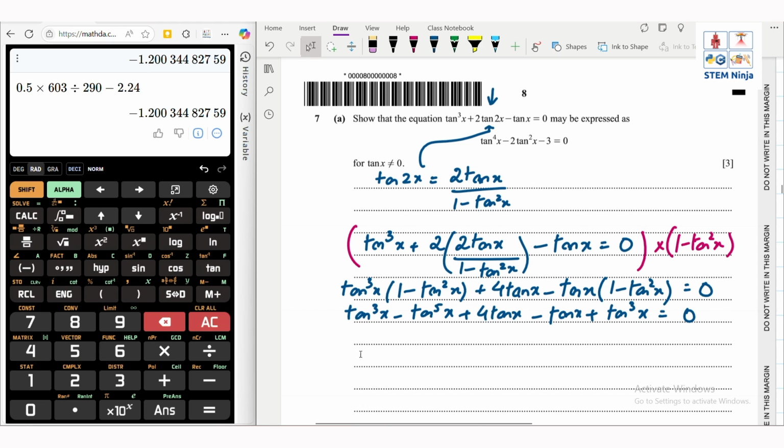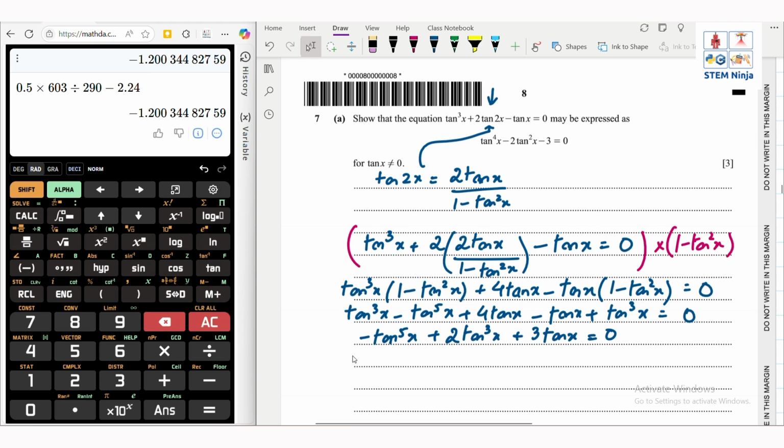Simplifying further, you have minus tan to the power 5x, tan cubed is 2 tan cubed x, and 4 tan x minus tan x is plus 3 tan x equal to 0.